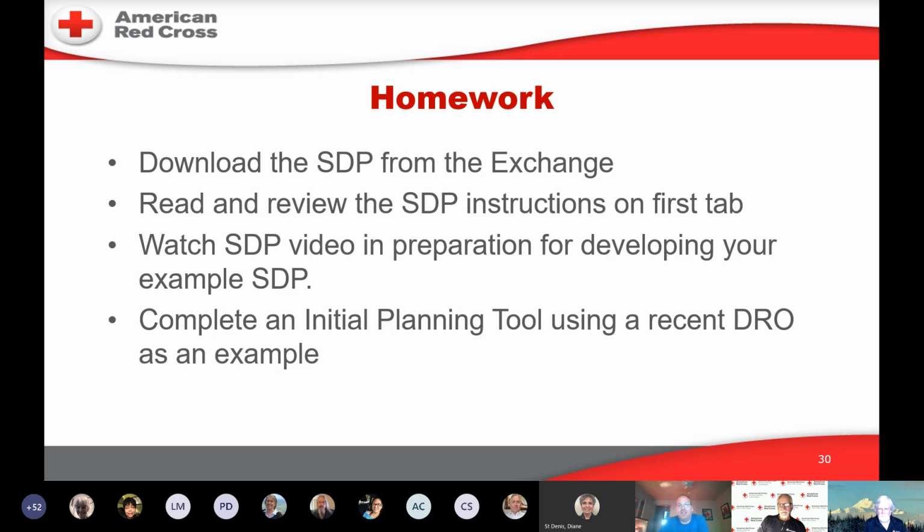I've seen a lot of conversation going about how it's a best guess, and it really is. You do it based on the best information that you have, and sometimes you have to, I hate to use the word make up, but you gotta make up something to move forward. 24 hours in, you don't know how many homes are destroyed. You don't know how many are under evacuation orders, for example.